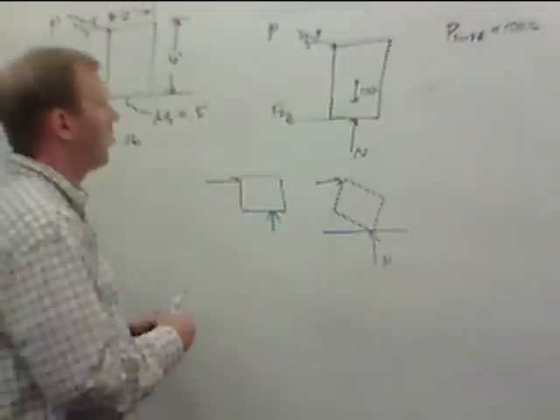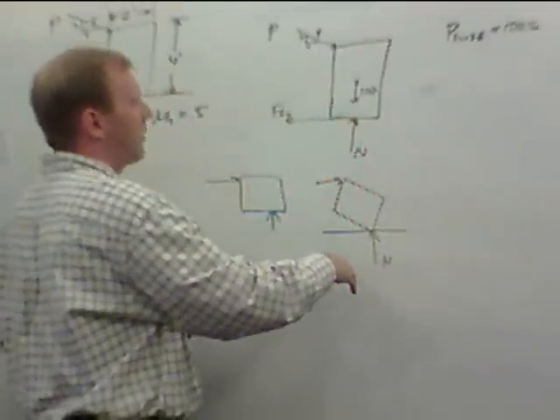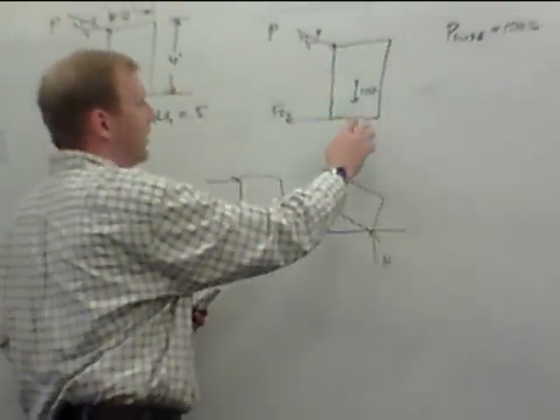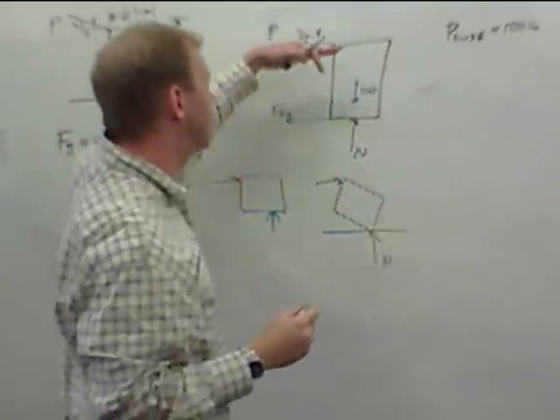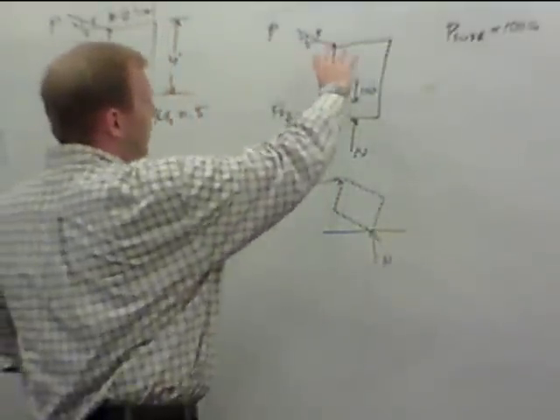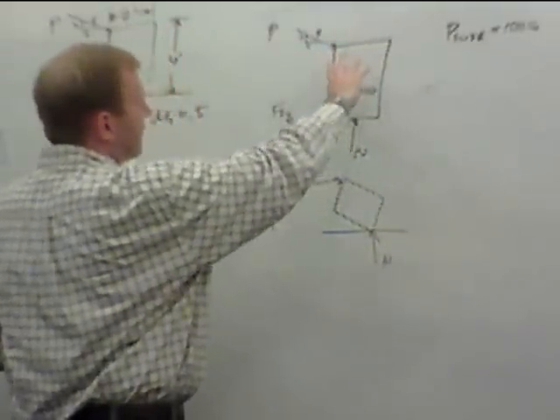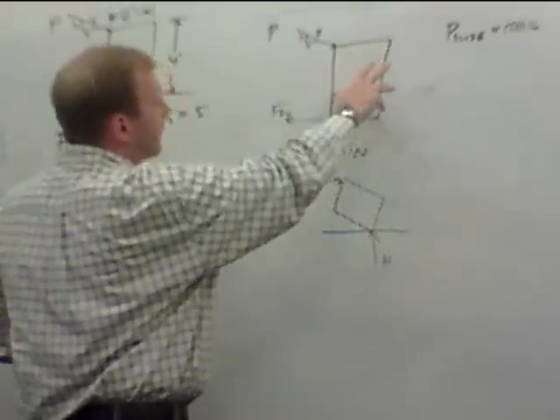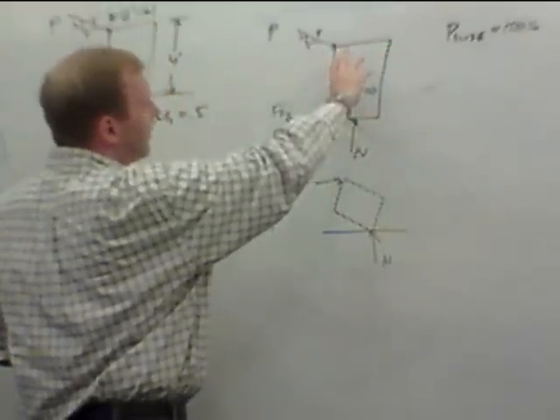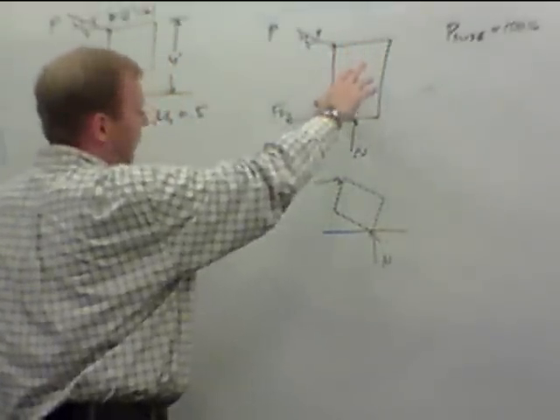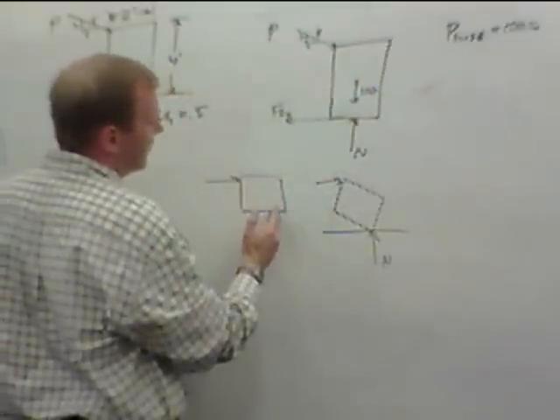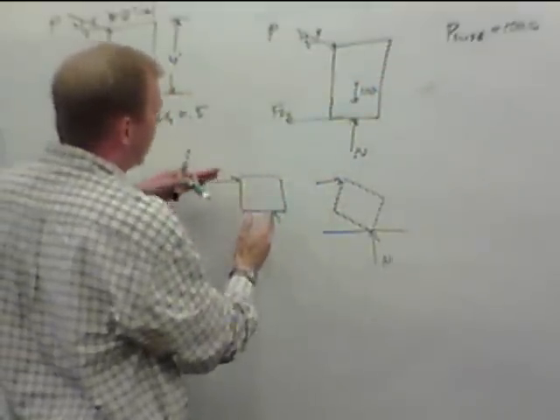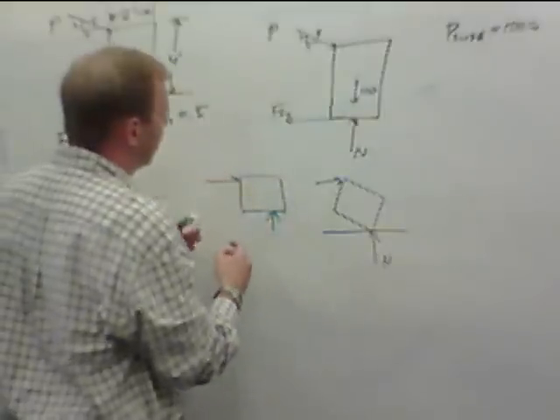When it's resting flat, minding its own business, nothing pushing on it, the normal force we can say is right in the middle. As we start pushing it sideways and give it a little bit of a tipping impulse, this normal force starts shifting over, basically counteracting the moment caused by this pushing force.